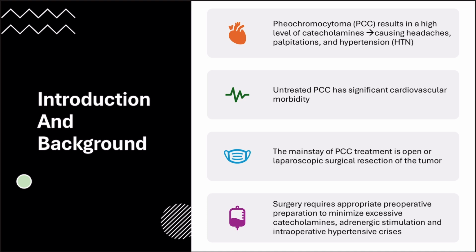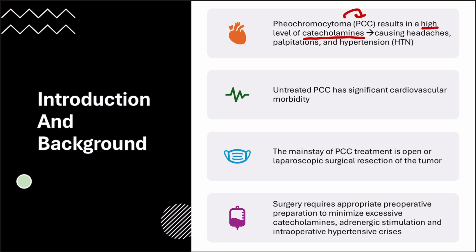As you know, pheochromocytoma, abbreviated as PCC in this article, is an adrenal medullary tumor which arises from the chromaffin cells of the adrenal gland, and it leads to increased production of catecholamines.